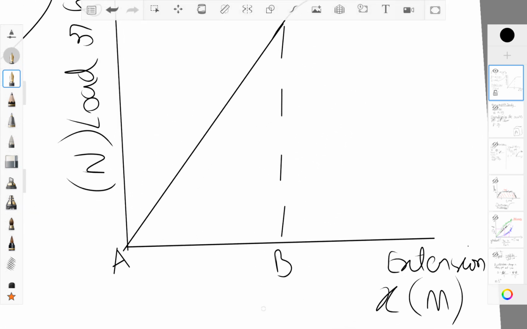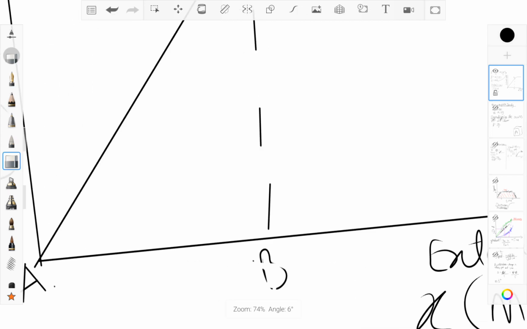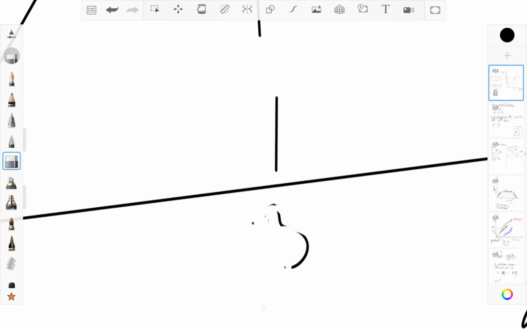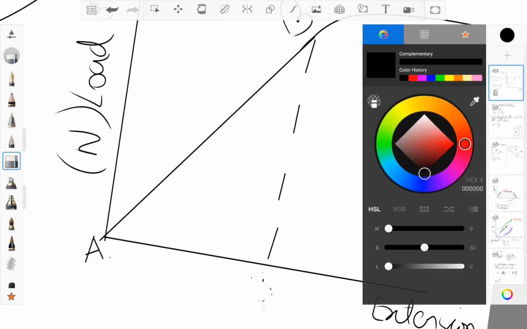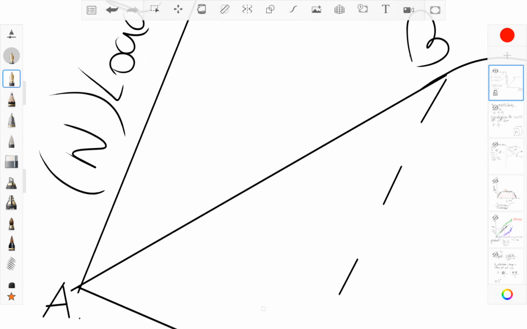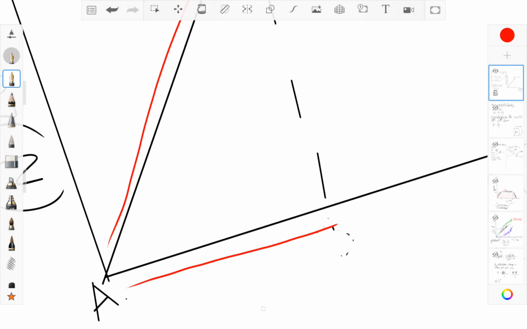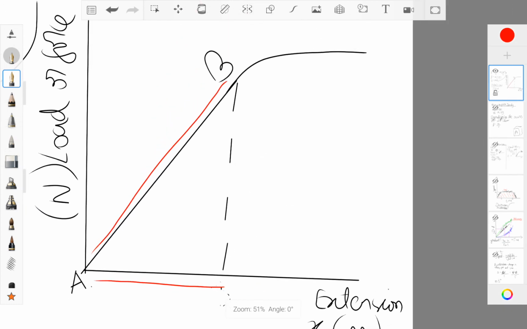You'll notice that between points A and B, you have a straight line, which shows that as the force is increasing, the extension is also increasing at a proportional rate.